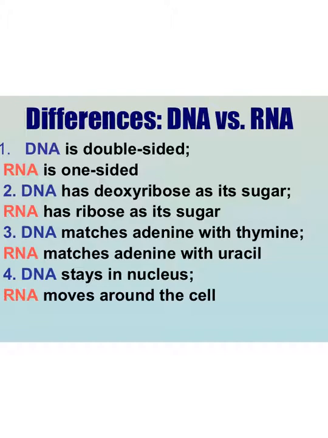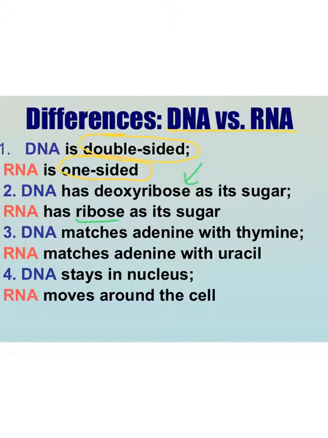Now, the differences between DNA and RNA. What are their differences? Alright, like we said earlier, DNA is double-sided. RNA is single-sided, or only has one side. DNA has deoxyribose as its sugar. That's why it's called deoxyribonucleic acid, or DNA, where RNA has ribose as its sugar.